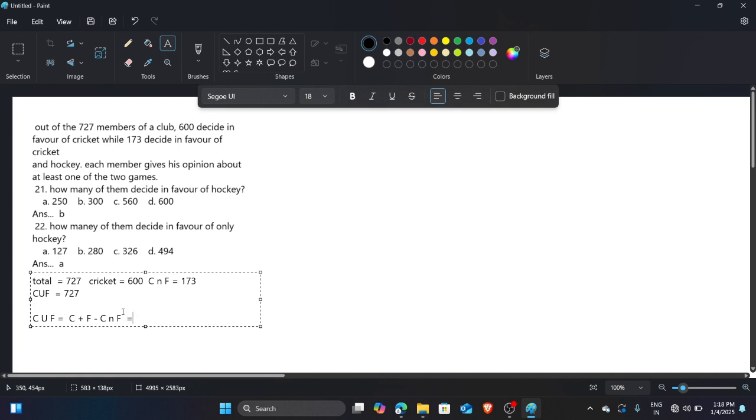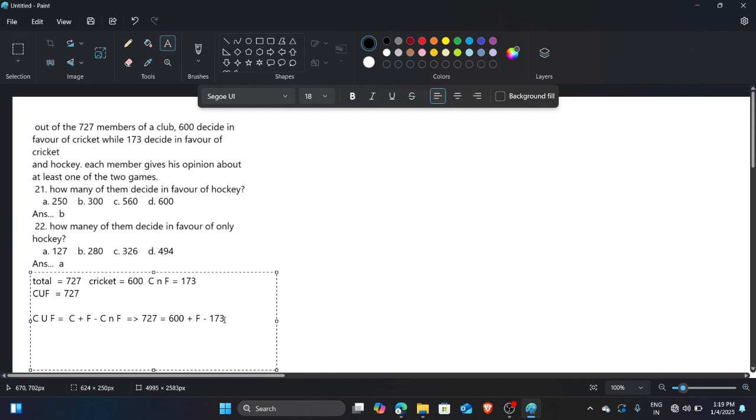Now we just have to put in the numbers. 727 equals C, which is 600, plus H, which we don't know, minus the intersection, which is 173. So when you solve this, you get the answer.